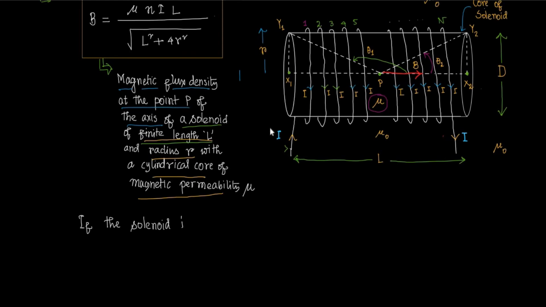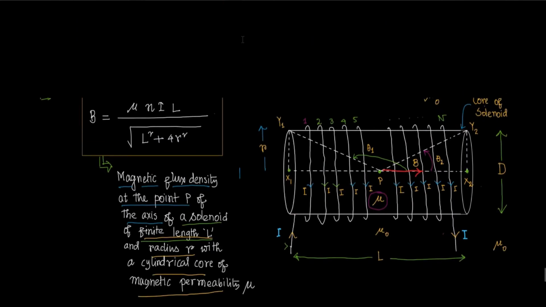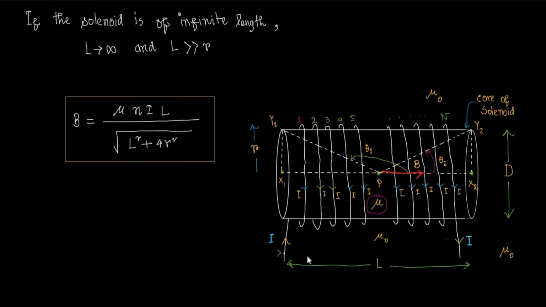If the solenoid is of infinite length, or the solenoid is long, in that case the length of the solenoid L tends to infinity and L is much greater than the radius.